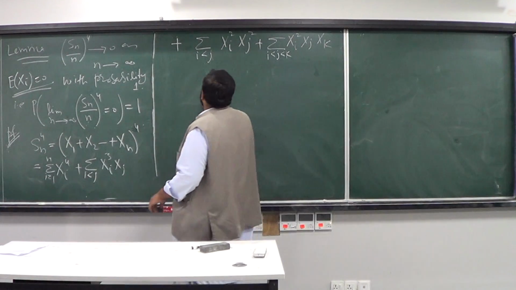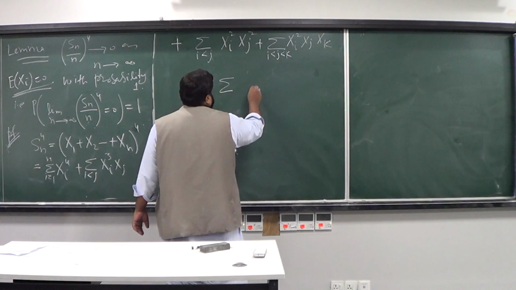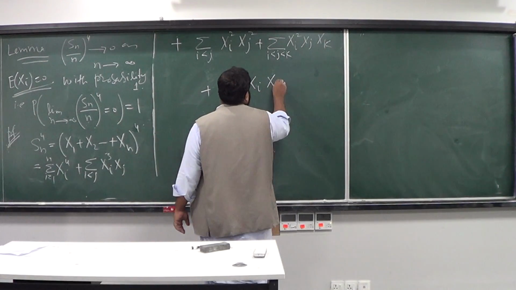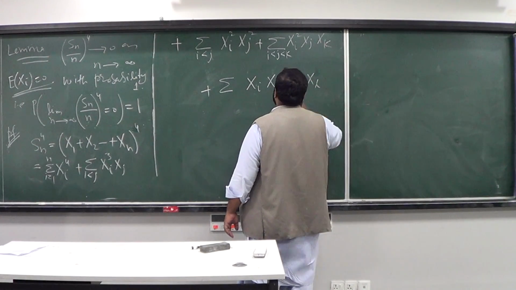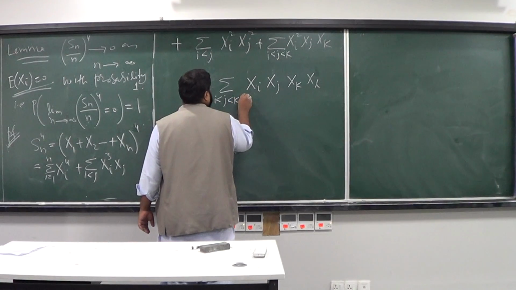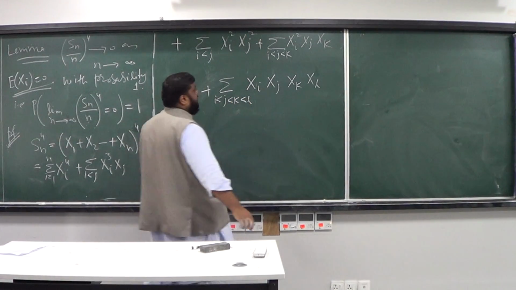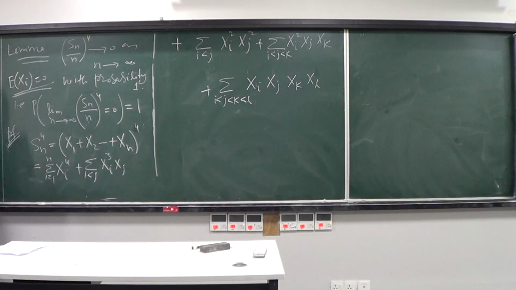Now what would potentially be the last kind of term is the one where all 4 indices are different, xi xj xk xl, and i is different from j, is different from k, is different from l. This is what you're going to get.